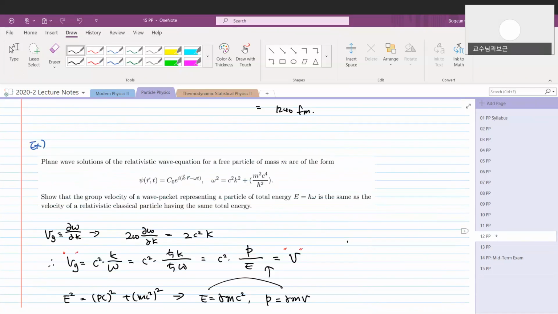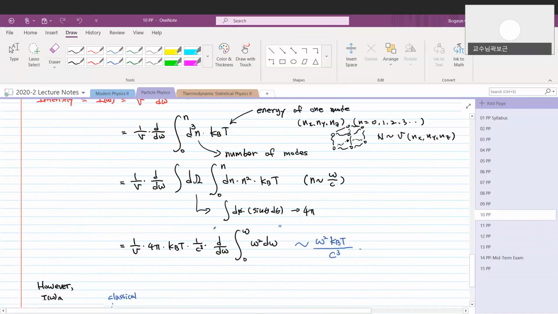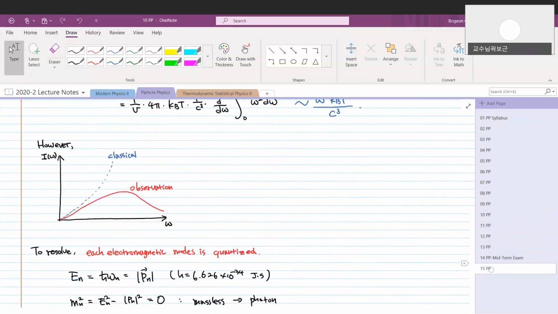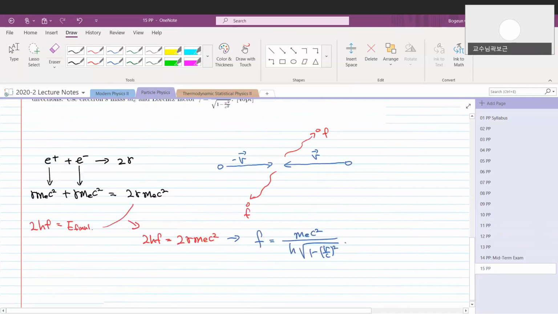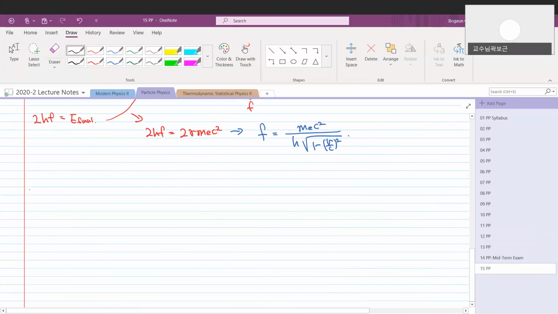So, chapter 3.12. Now we study the Einstein coefficients. We already studied Planck's law, to study black body radiation.